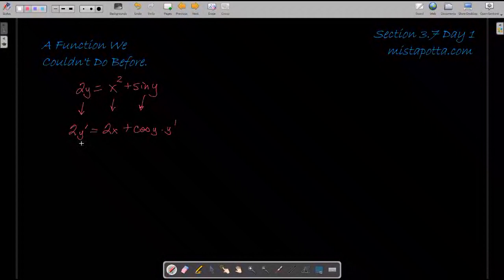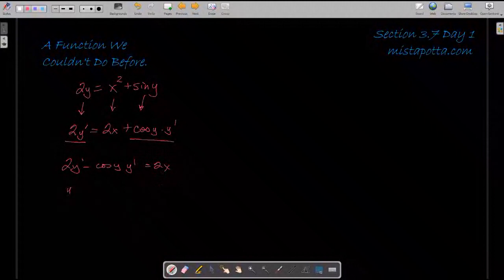And so what I notice is that I have 2 terms that involve y prime. And since I'm trying to solve for y prime, I want to move all of these terms over to one side of my equation. So I've got 2y prime minus cosine of y times y prime equals 2x.